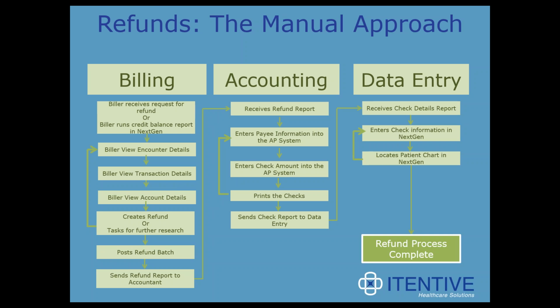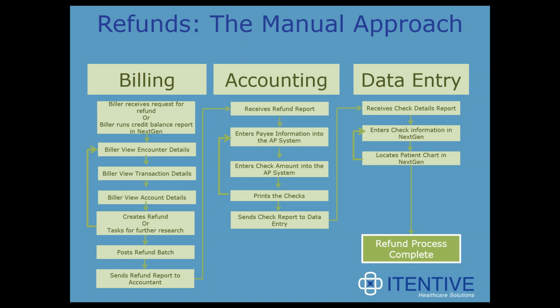Somehow it gets there, and when it does, the accountant has to take that information and enter it into the accounts payable system. They have to manually enter the name of the check recipient, the amount of the check, the address of the recipient, the city, the state, the zip, and some other information as well.